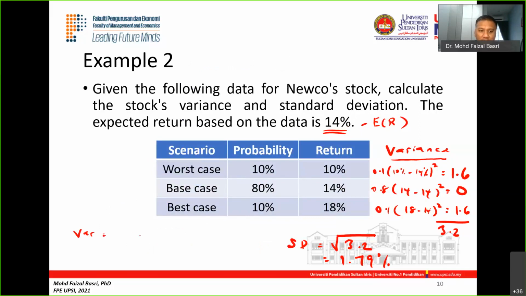Your variance will be 0.1 multiply with 10 minus 14 squared, plus 0.8, and so on. You have to repeat everything, and you get at the end 3.2, for example. For the standard deviation, you can use just this formula because it is very straightforward. It's the square root of the variance.